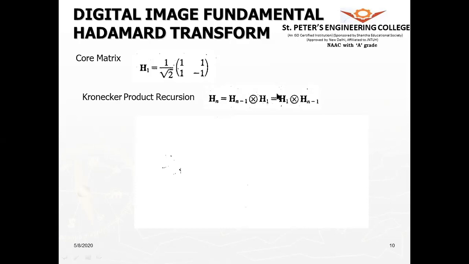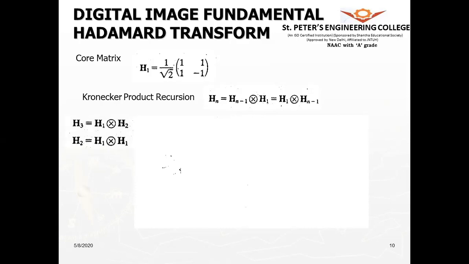But this Hadamard transform has a special property that it obeys the commutative law: whether Hn minus 1 Kronecker product with H1 or the other way around, we get the same result.